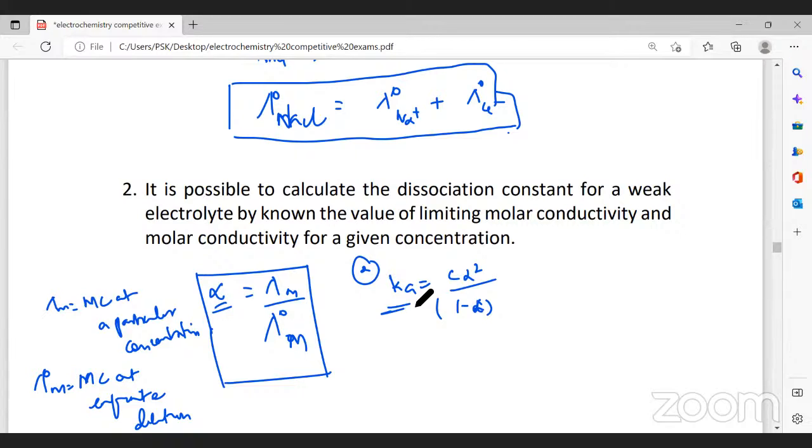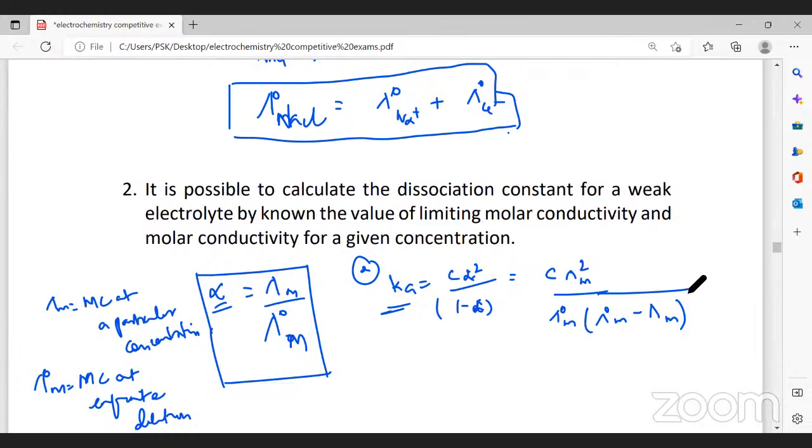This formula is written as C lambda m square divided by lambda naught m into lambda naught m minus lambda m, when you substitute the value of alpha and simplify. So you can calculate the dissociation constant.